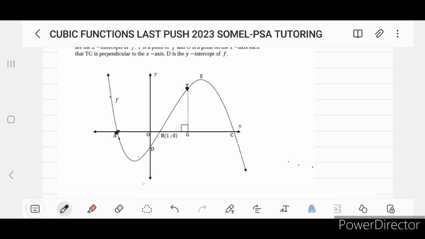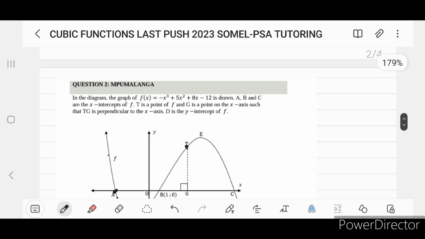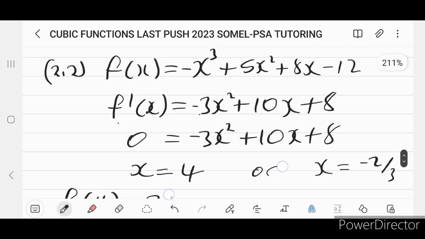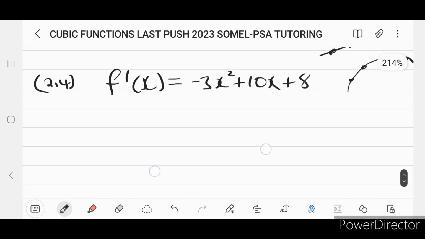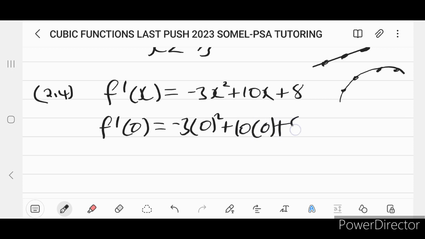This one is easy because the x value here is 0 and the y value is minus 12, because this is the y-intercept. So I can just substitute it into the general equation. So f of 0 is minus 3 times 0 squared plus 10 times 0 plus 8. So the gradient at that point is 8.